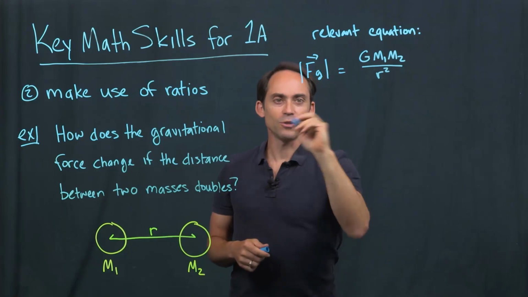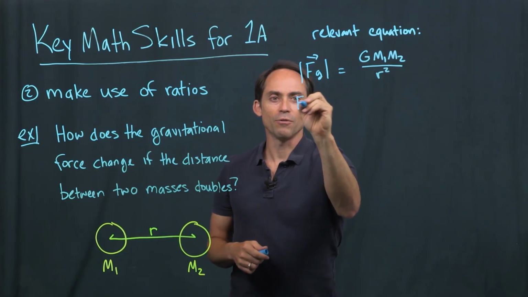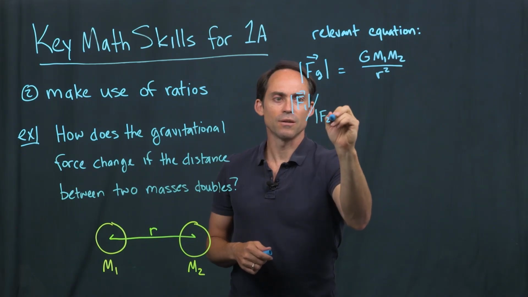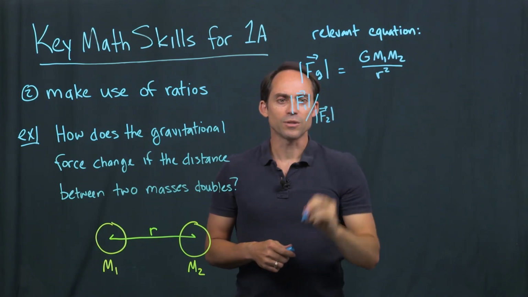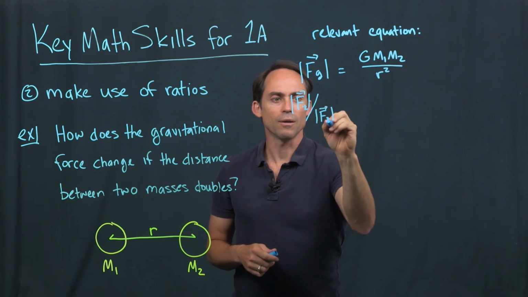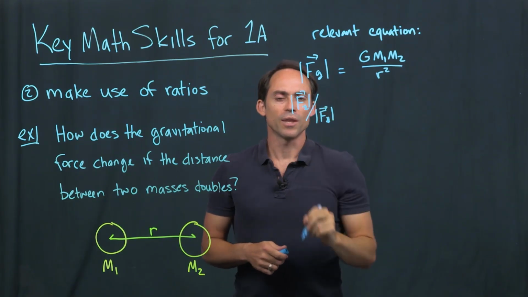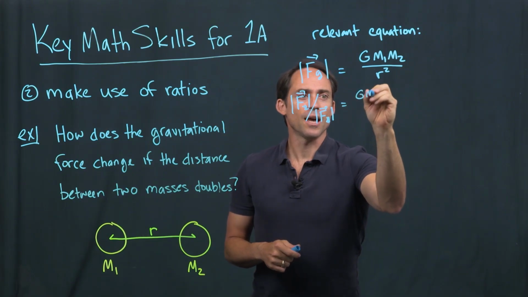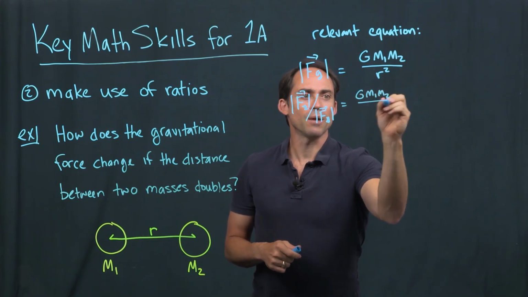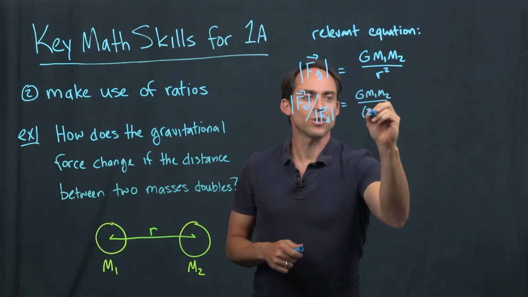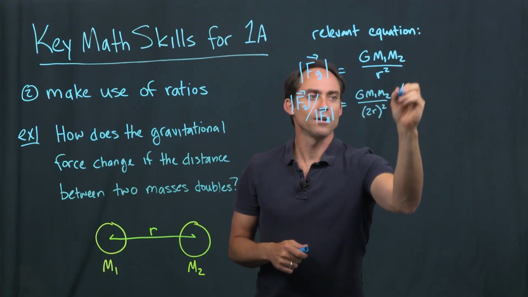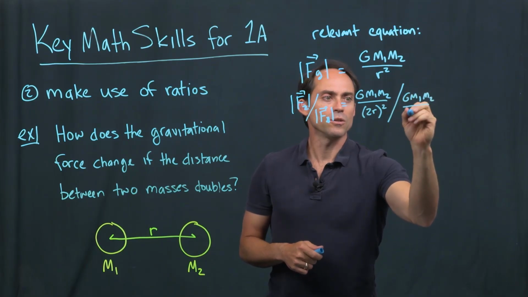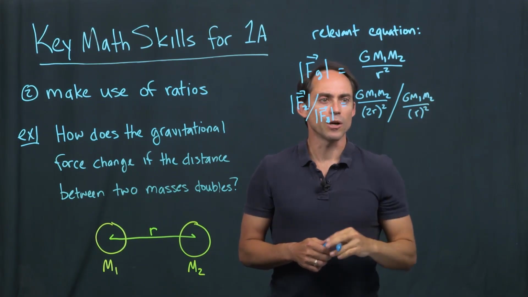So again, if I wanted to figure out the ratio of the forces between these two cases, let's actually switch this to 2 and 1, where the case where we're having a double distance, that's going to be G m1 m2 over 2r squared, divided by the original force, which is 1 over r squared.